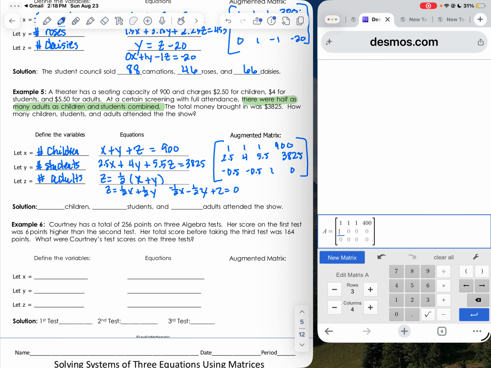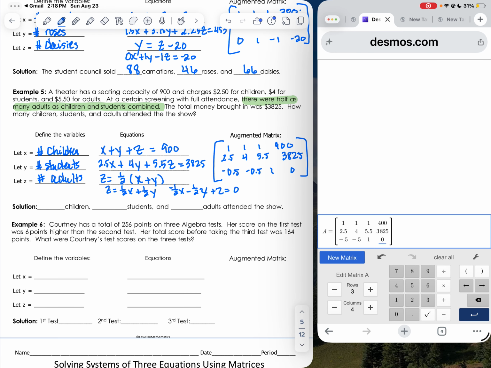Side arrow. 2.5 side arrow. 4 side arrow. 5.5 side arrow. 3,825 side arrow. Negative 0.5 side arrow. Negative 0.5 side arrow. 1 side arrow and 0.